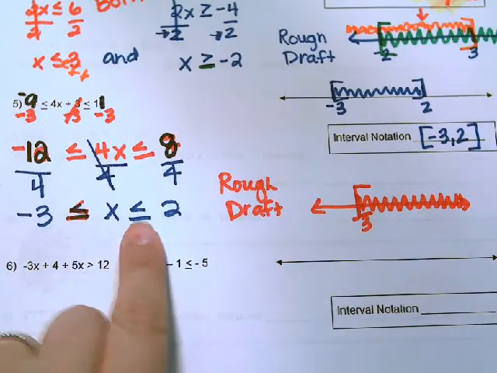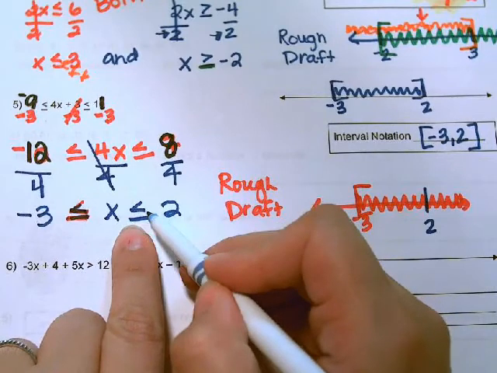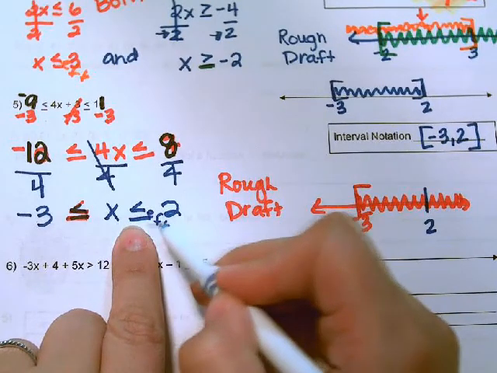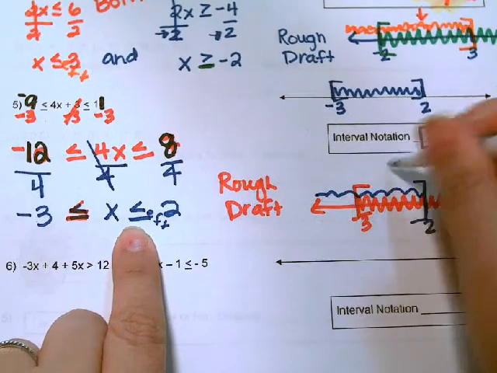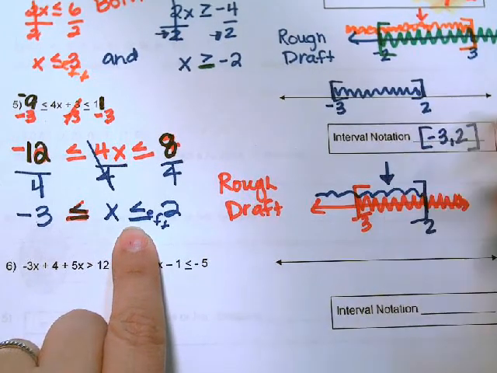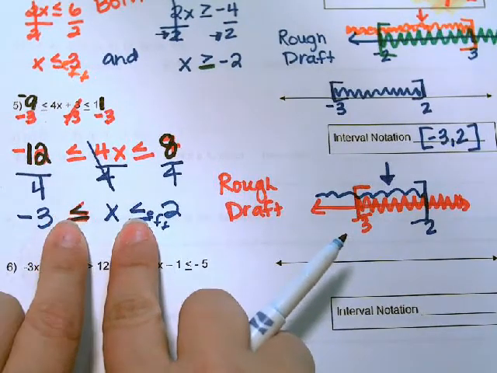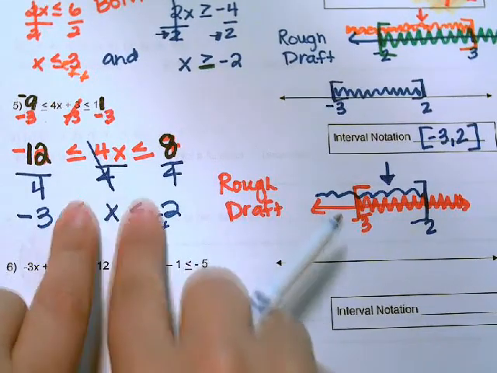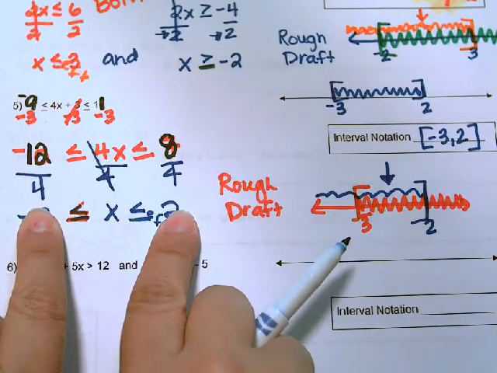And then this one is saying to shade all the numbers that are less than or equal to 2. So again, it's in between. So it will always be like that when the inequality starts this way where the x is in the middle. It means everything in between -3 and 2 in this case.